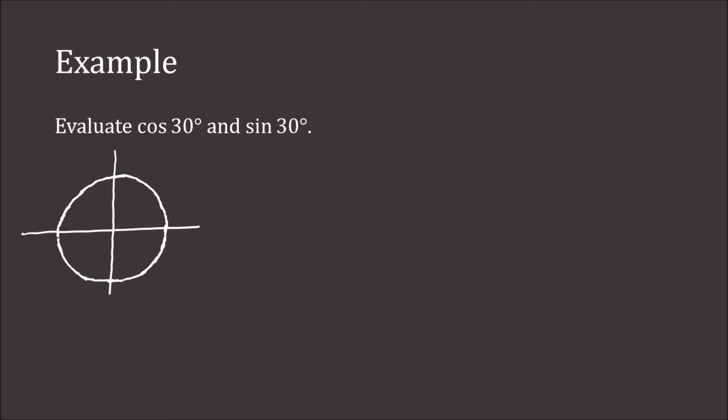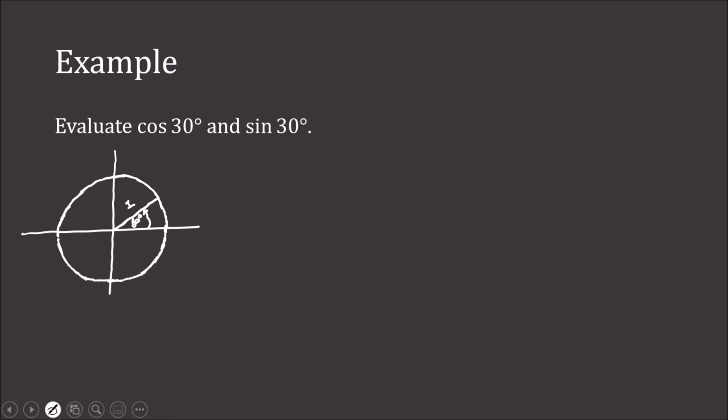Okay, so here's our unit circle. We need to draw the 30-degree angle. So that's probably something like this. And again, that has to have a length of 1 because it's the unit circle.